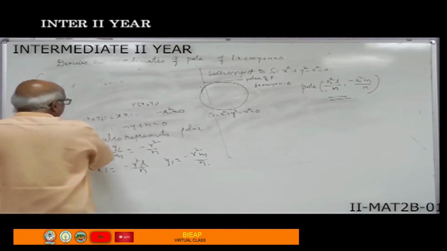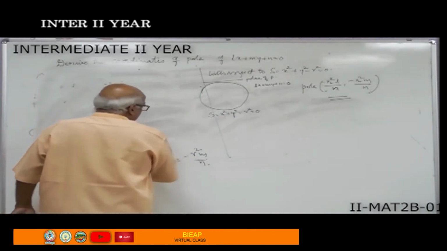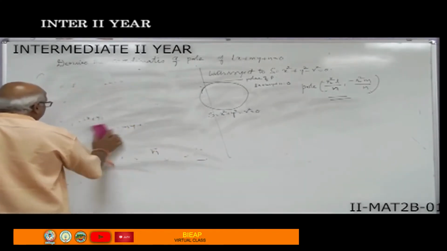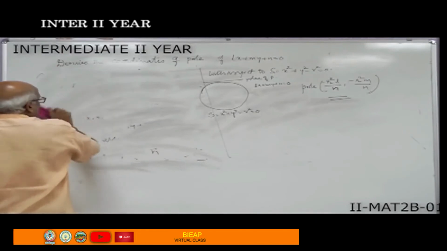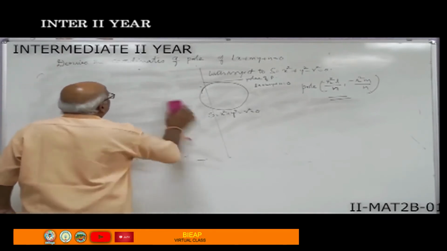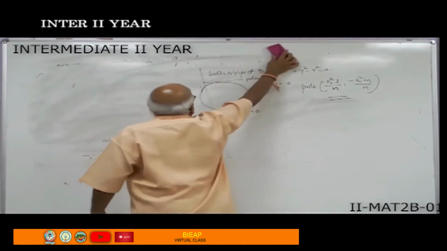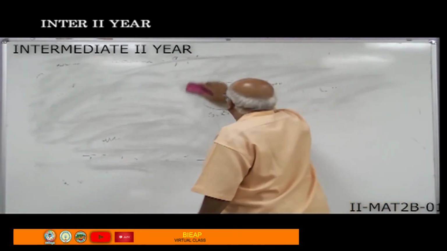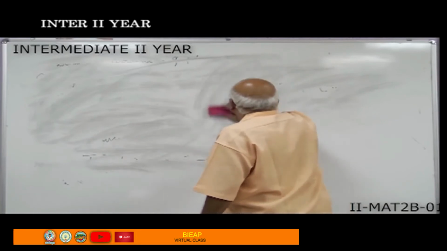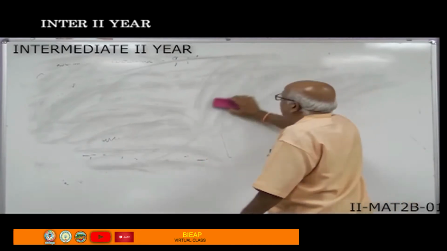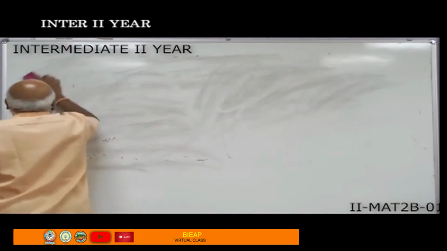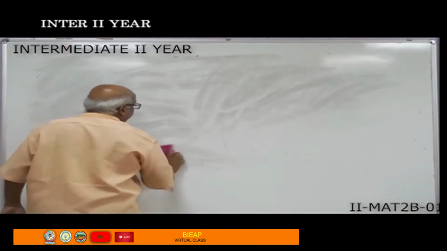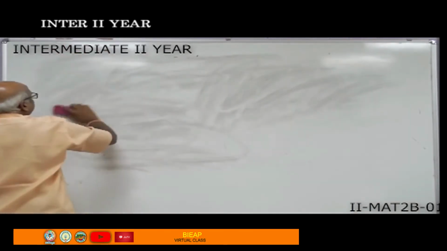This is one theorem, particularly in the circles chapter, related to the pole and polar concept. When the pole is given, we find the polar equation. When the polar is given, we determine the pole coordinates.